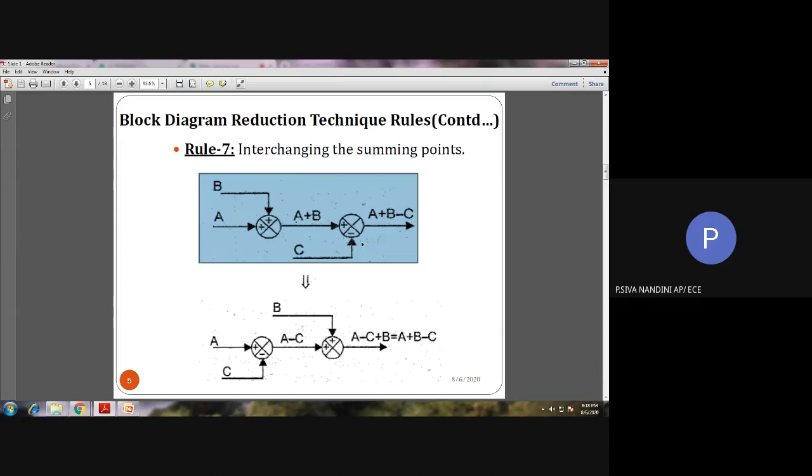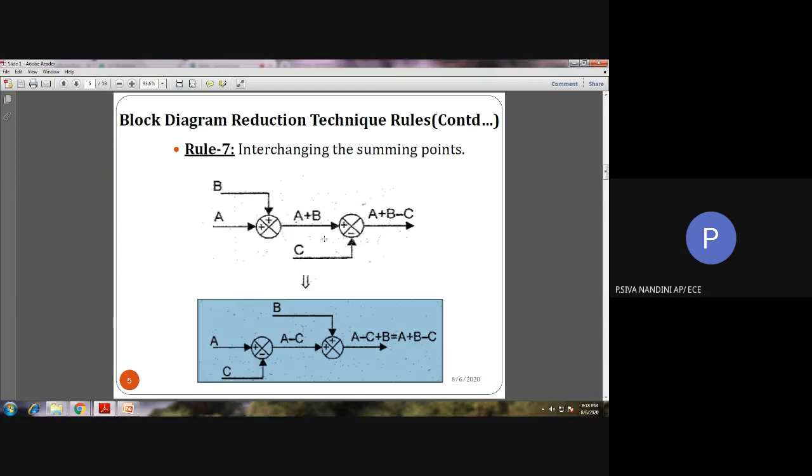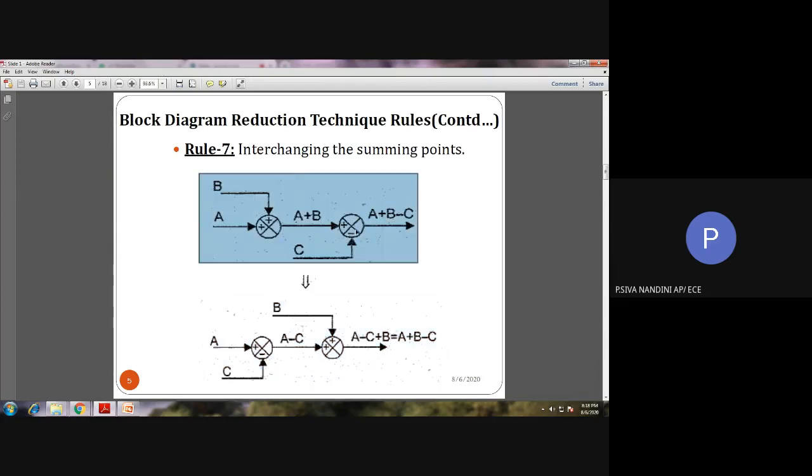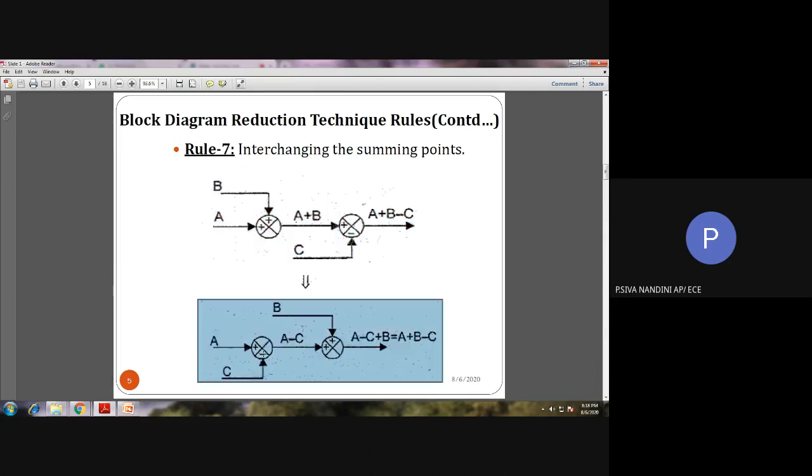We can interchange the summing points. So what are the changes to be done if you are interchanging the summing points? The input C, which is added in the second summing point, should now be added in the first summing point.